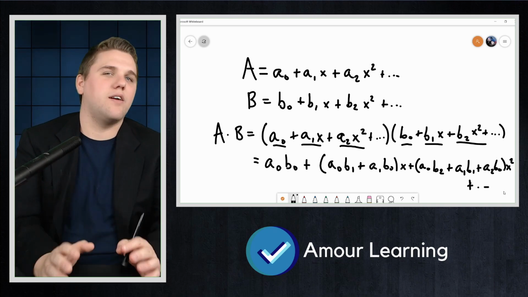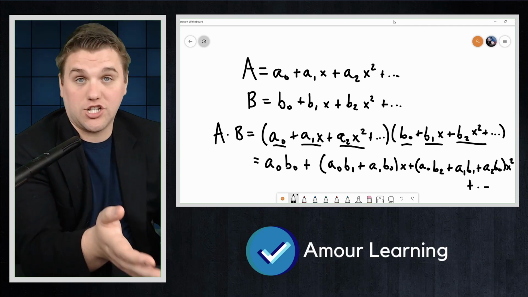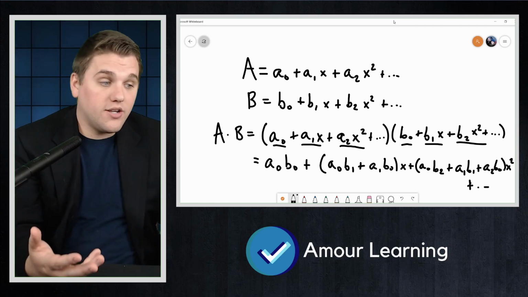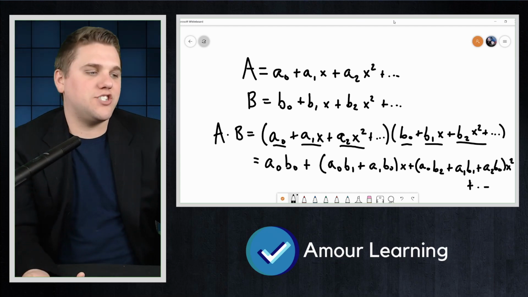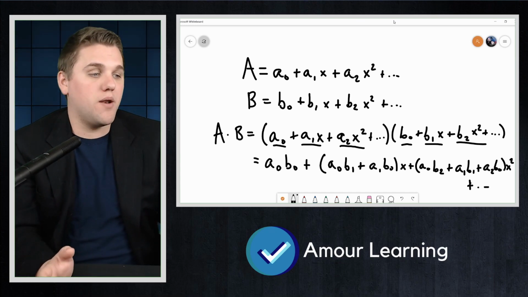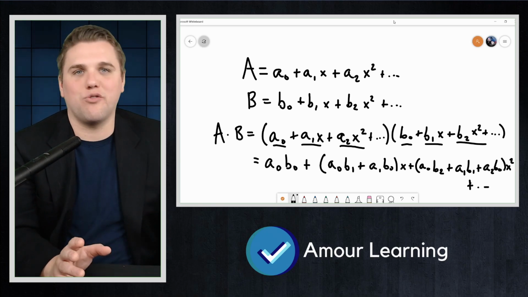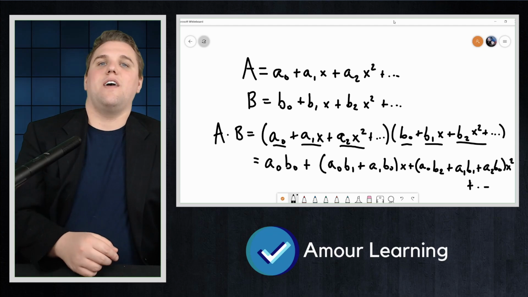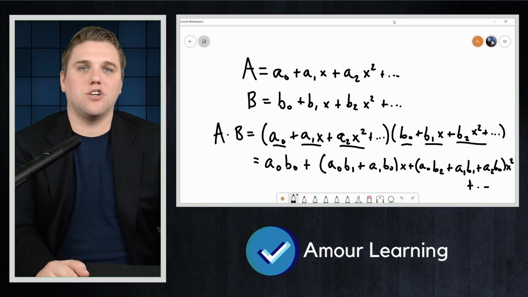Can you see the pattern here? So what do you think the coefficient would be for x cubed? Well, seeing this pattern, we can probably guess it would be a0 b3 plus a1 b2 plus a2 b1 plus a3 b0, and so on. You could keep going with this for this multiplication.